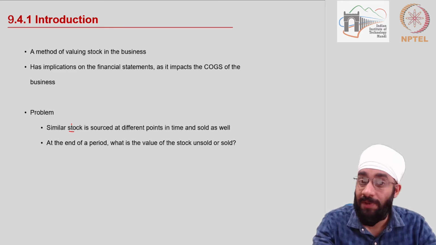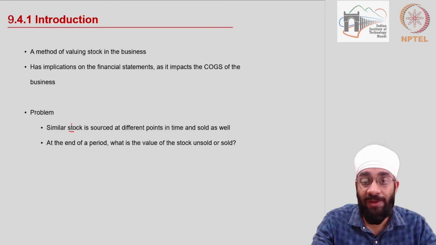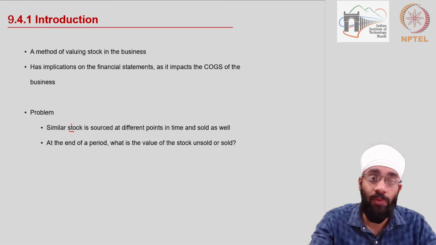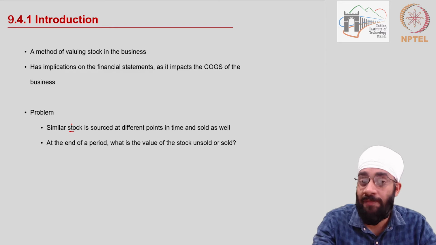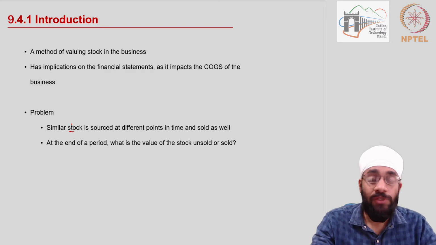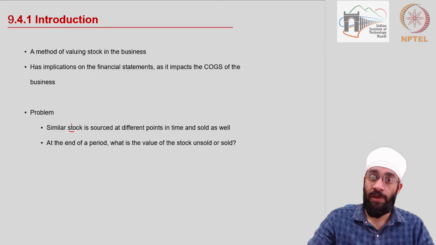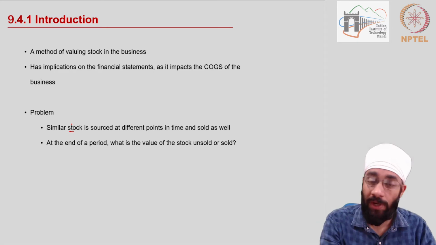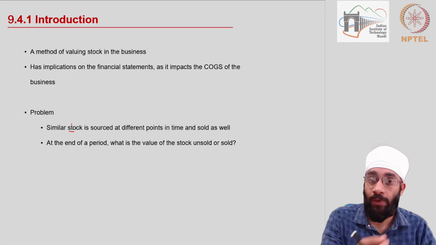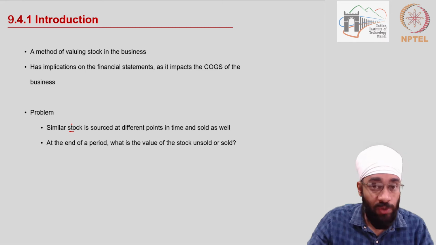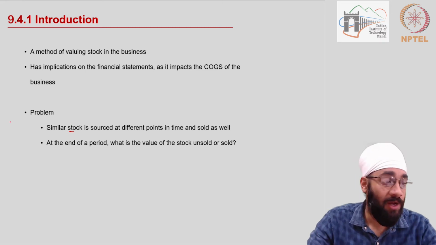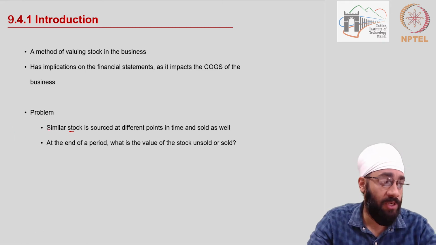Because when the customer comes in, he looks at all the available models with you and picks one, which could be from any of the three batches that you bought from. So you have to keep a track of at what point in time you bought the stock, at what price, and then which units were sold. So we have to answer the questions that we mentioned earlier.